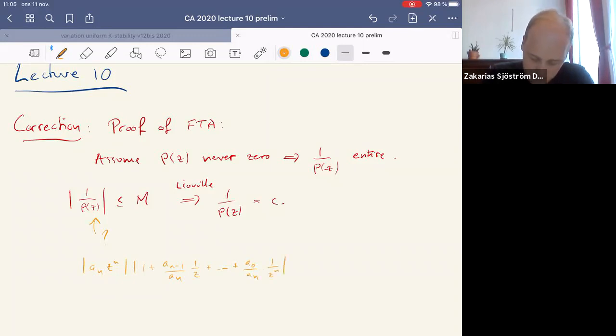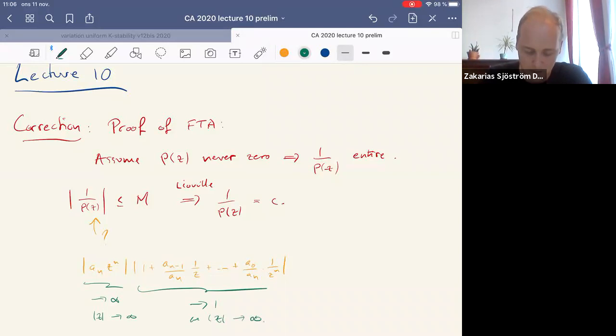Then the z to the n factor tends to infinity as the absolute value of z goes to infinity, and the second factor tends to 1.